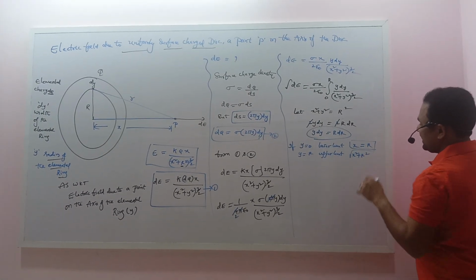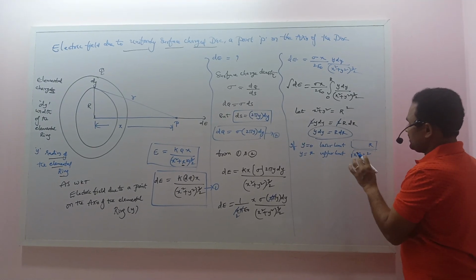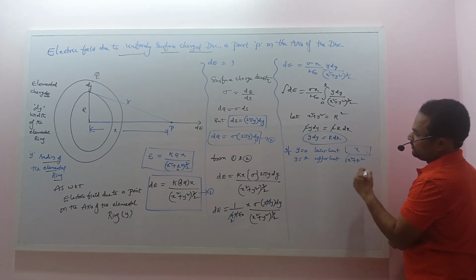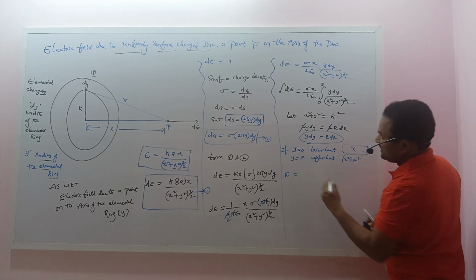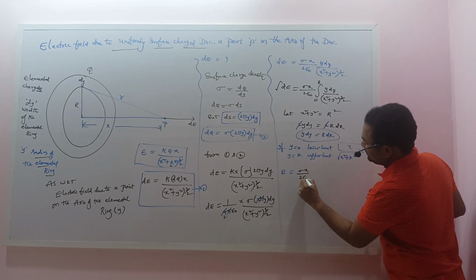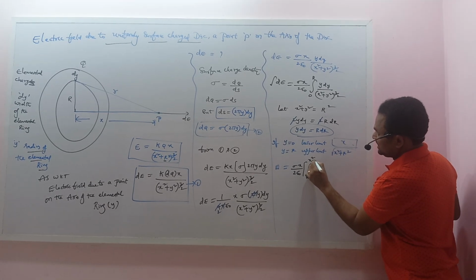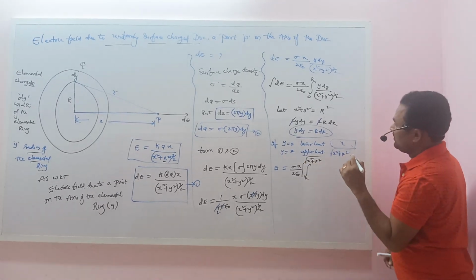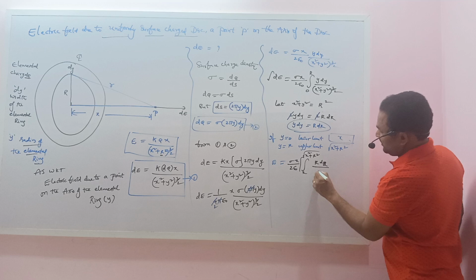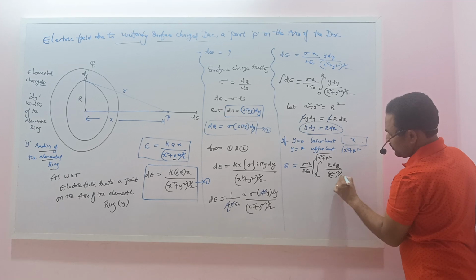So the integral of dE is sigma x by 2 epsilon naught, with limits from x to root over x square plus R square, of r dr by (r square) whole power 3 by 2.